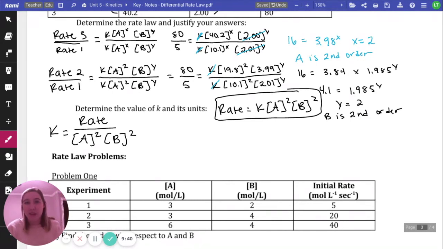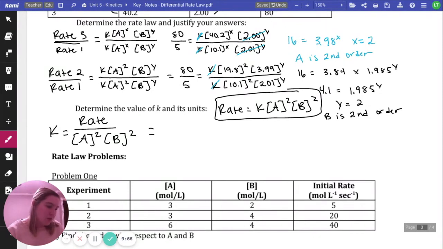I normally always just plug in trial one, because typically trial one seems to have our smallest values to work with. So that's what I'm going to plug in here.